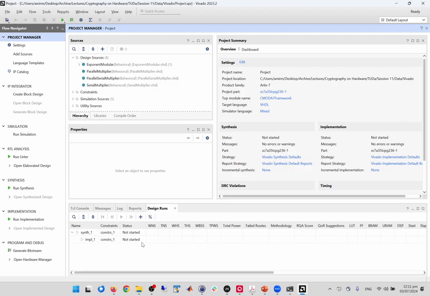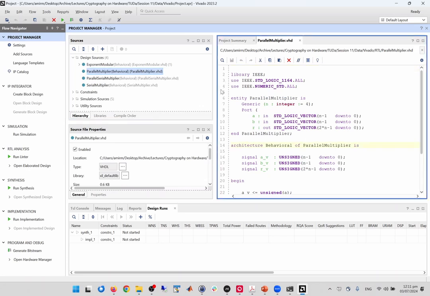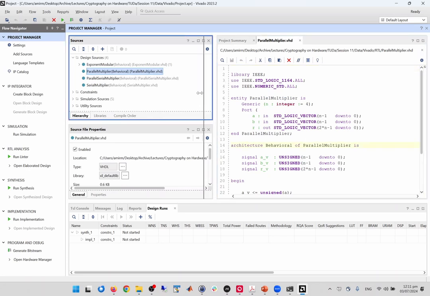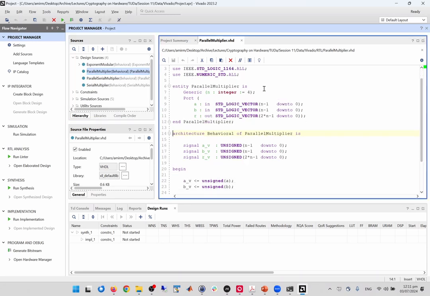Now, let's see how to implement this in VHDL, a parallel multiplier. Of course, you can do all of these things that I said, implement this bitwise and then add and so on. But you can easily ask the synthesizer to do it for you. You have a fully combinational circuit, A and B, each n bits, of course parametric, and the output R is 2n bits.